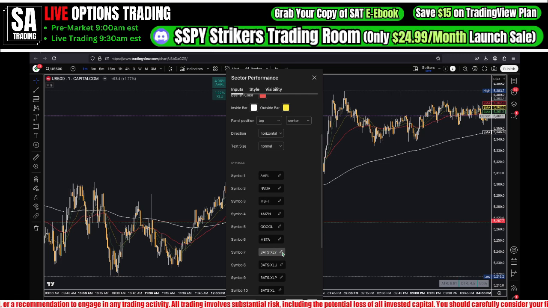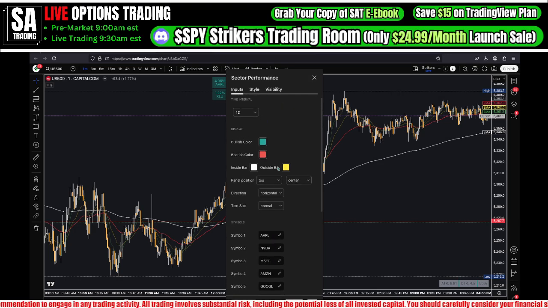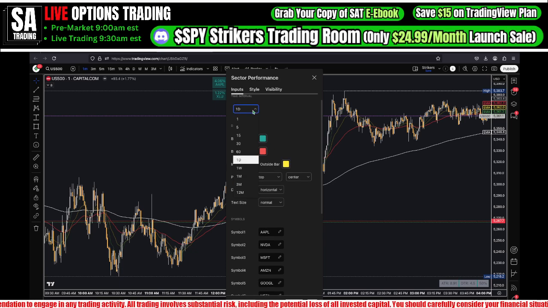And if you want to add some other names you want to pay attention to, you can add it to the chart, right, and adjust it to the time frame.